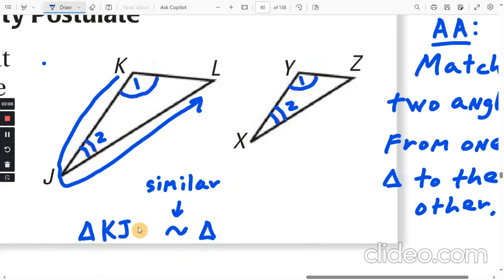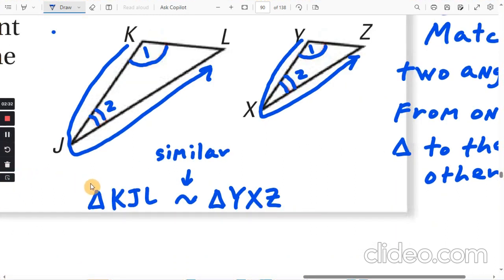So the first triangle, I'm going to write K, J, L. And then on the other triangle, you want to trace it the same way. I went from 1 to 2 to the one with no mark. Same thing. I'm going to go from 1 to 2 to the one with no mark. So that's going to be Y, X, Z. Now, is this the only way to write it? No, definitely not.